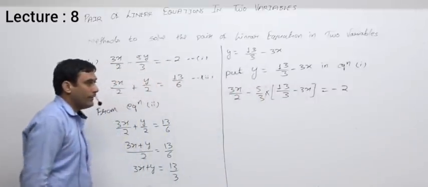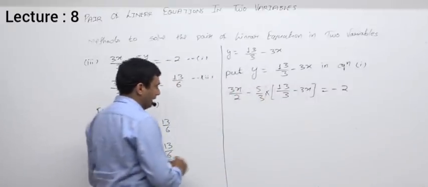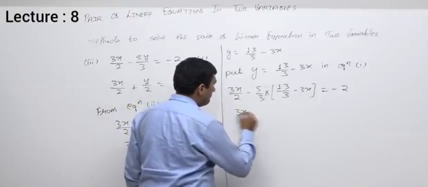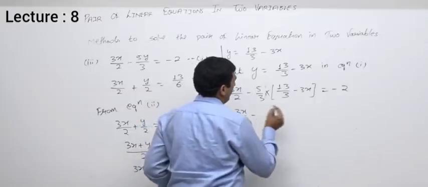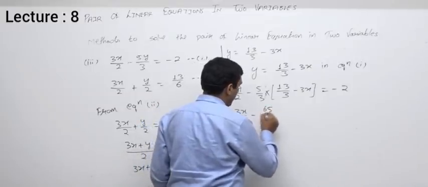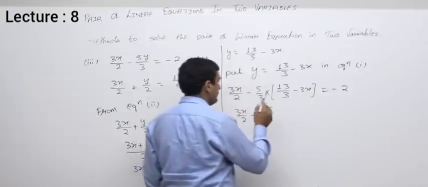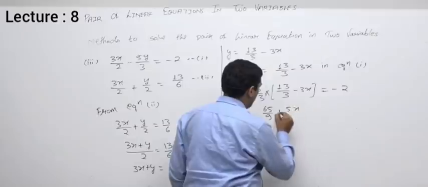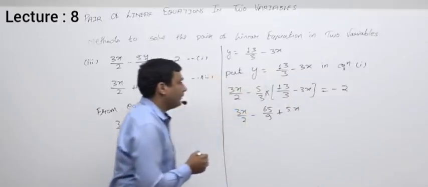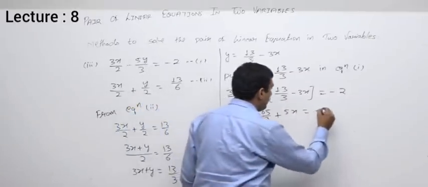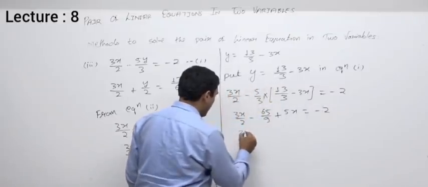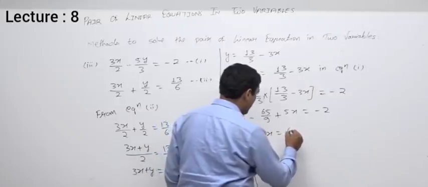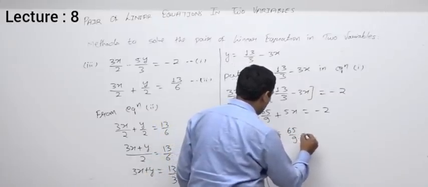Okay, now we'll simplify this to get the value of x. 3x by 2 minus, if I multiply, I will get 65 upon 9 plus 5x. This 3 and 3 cancel, minus minus will become plus, is equal to minus 2. So here I can write 3x by 2 plus 5x is equal to 65 by 9 minus 2.